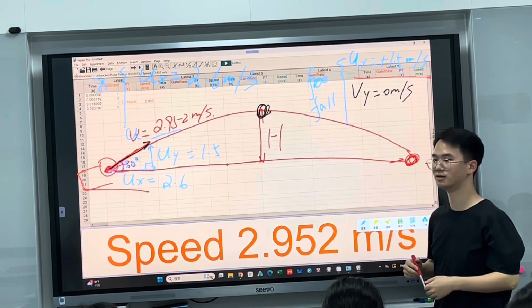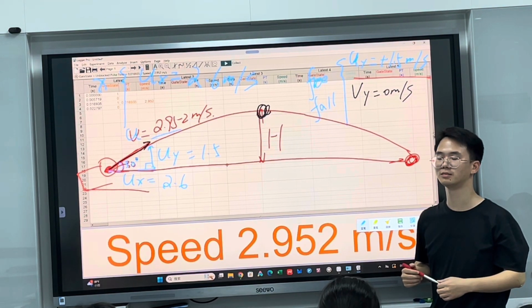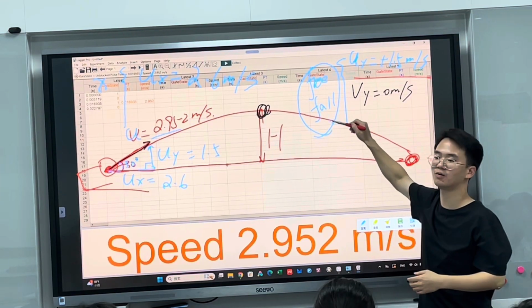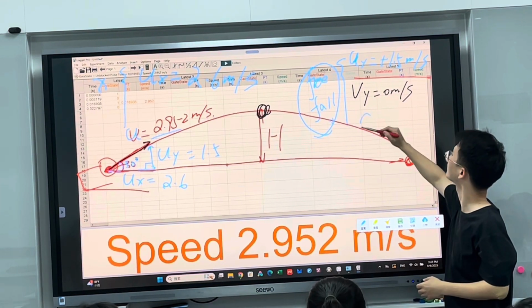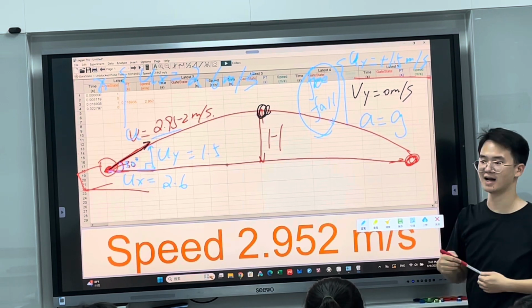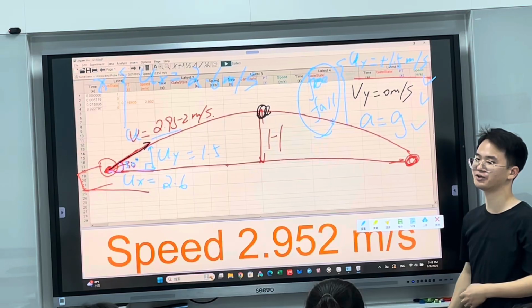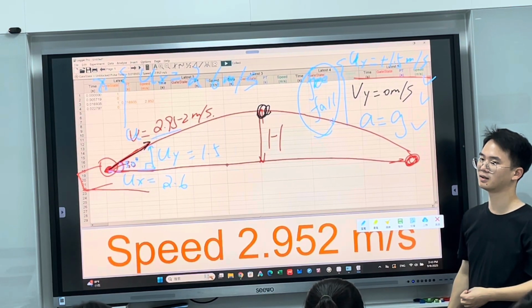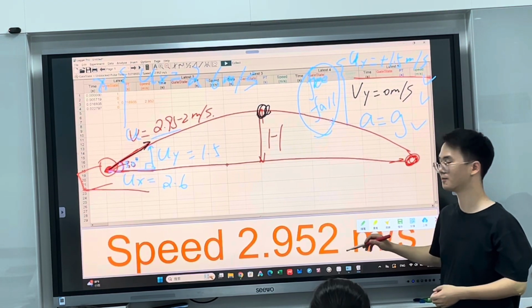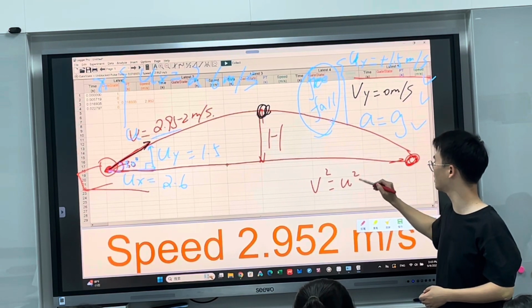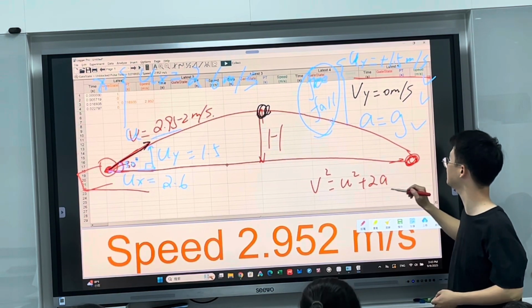What else do we know? Acceleration. Acceleration is 9.81, right? Can we figure out h? Which equation are we going to use in this case? v squared equals u squared plus 2as. s is h, right?